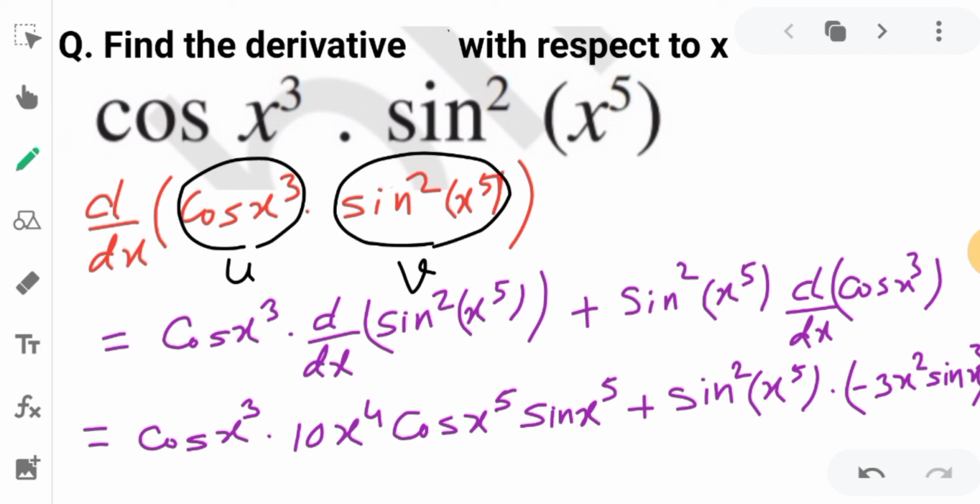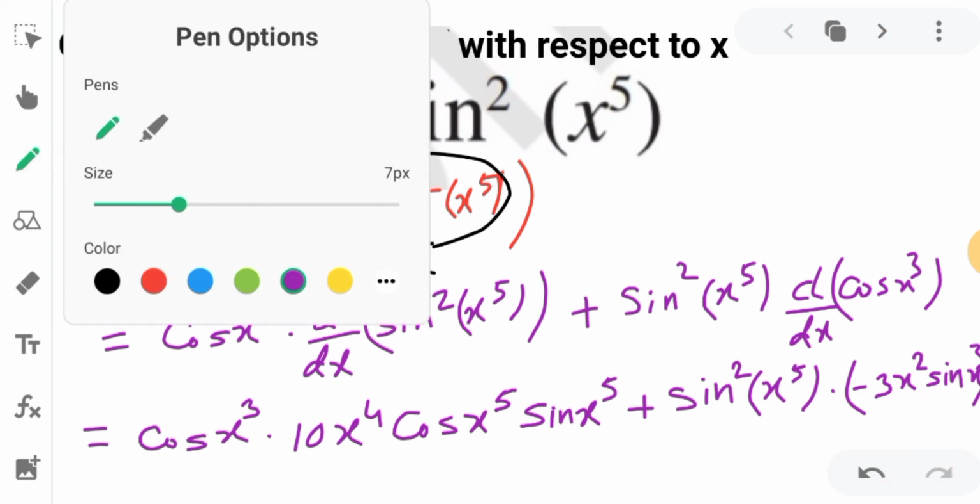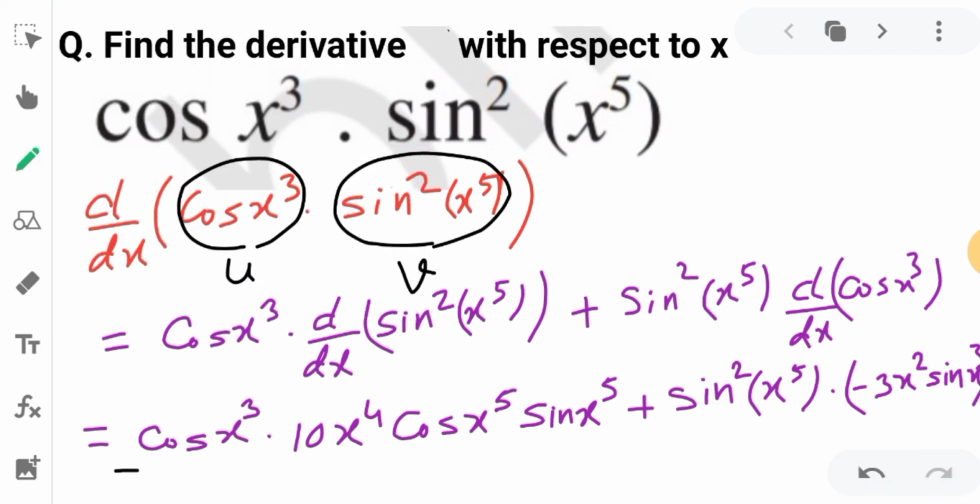Okay, so just I wrote. Correct? Now I will just simplify this.